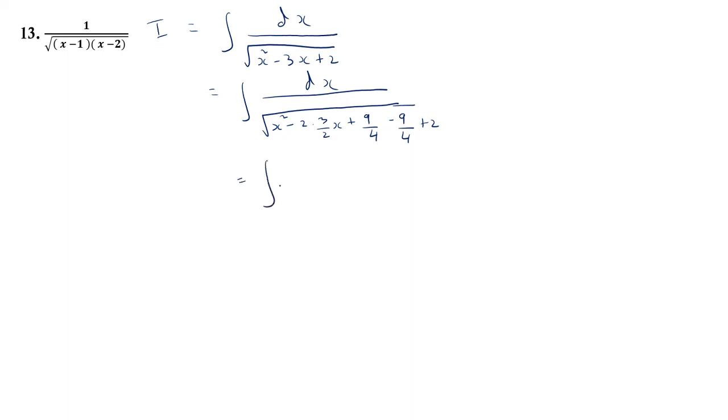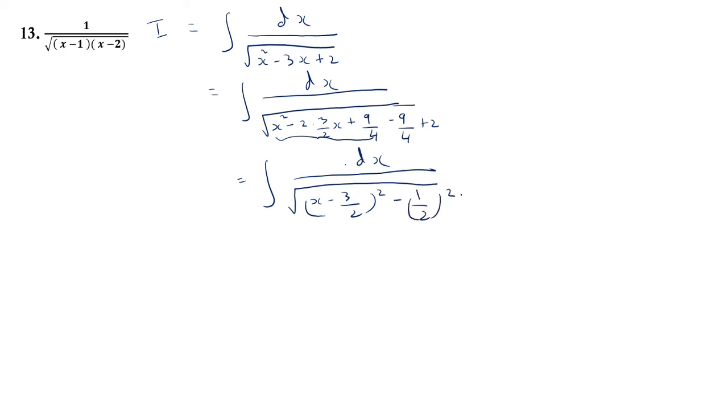So this is equal to integral dx divided by square root of, this term will be x minus 3 by 2 the whole square minus 9 by 4 plus 2 will be minus 1 by 4. So minus 1 by 4 I am writing as minus half the whole square.